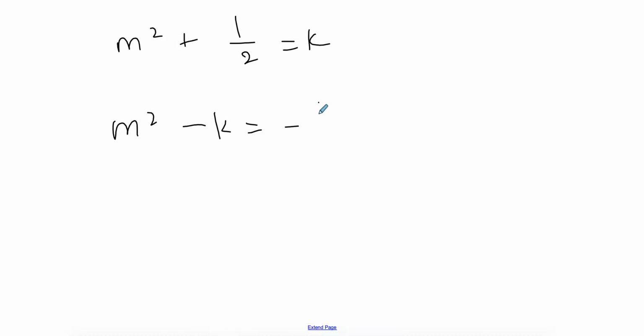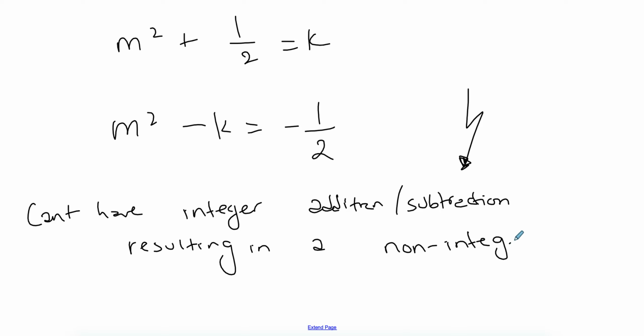And this is my contradiction, because you can't have integer addition or subtraction resulting in a rational number. Now we could get a negative, that's fine, but we can't get a non-integer is more accurate, because a non-integer number.